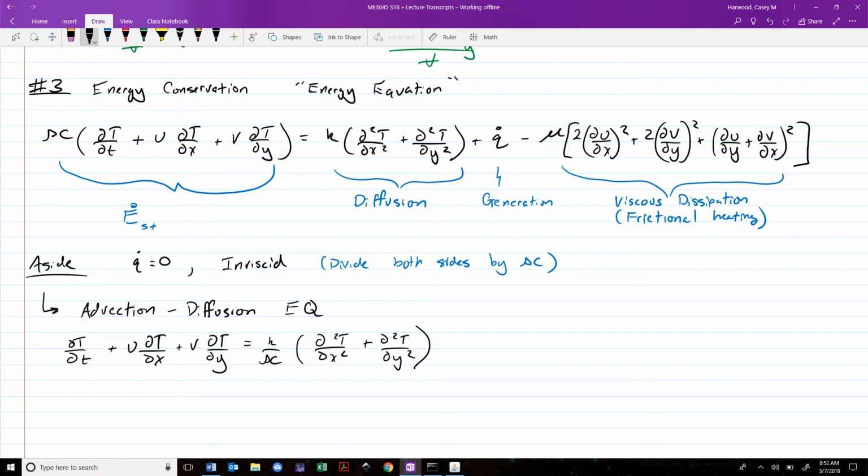So what we've got now, and this k over rho c can also be referred to as gamma, also known as the thermal diffusivity.